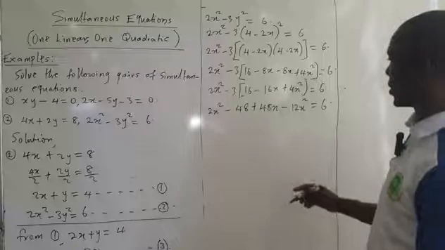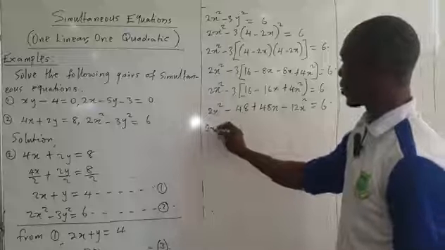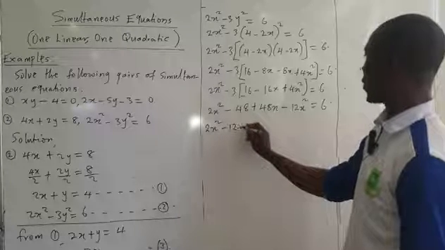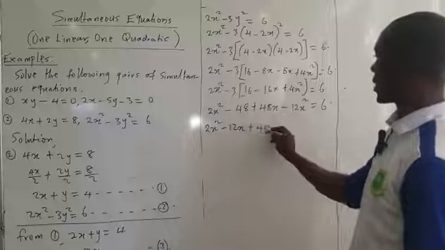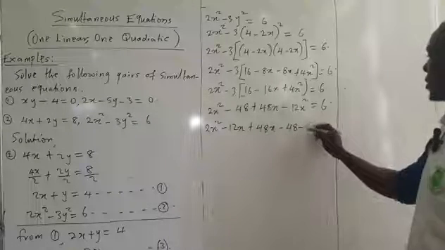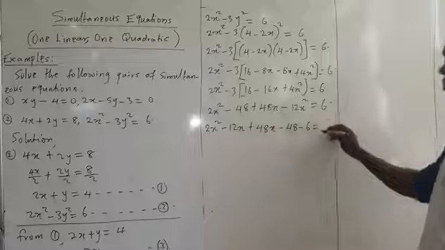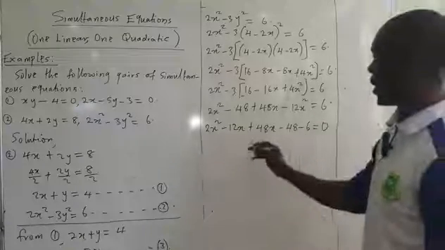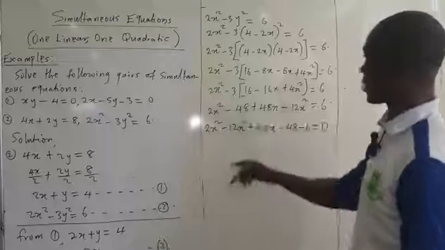So you can now collect the like terms. So we have 2x squared minus 12x squared plus 48x minus 48 minus 6 equals 0.